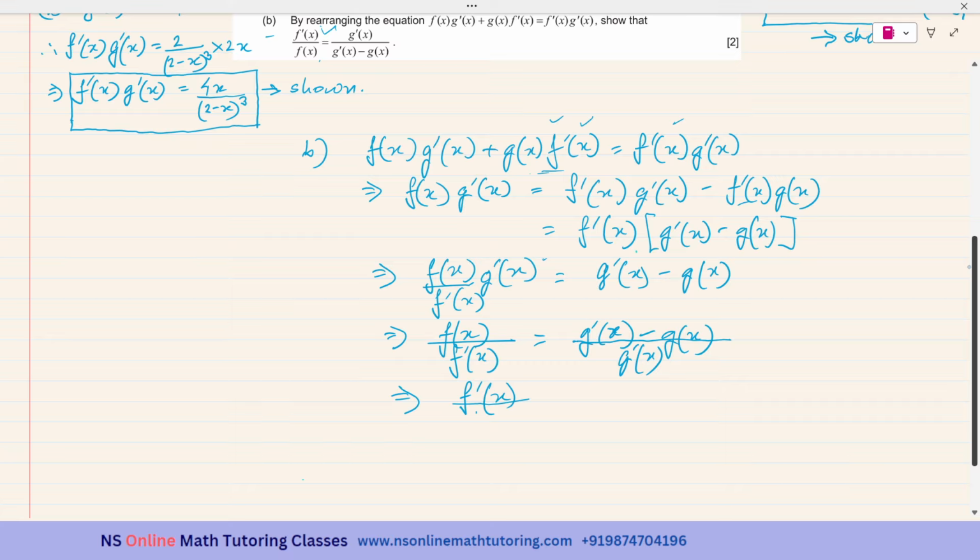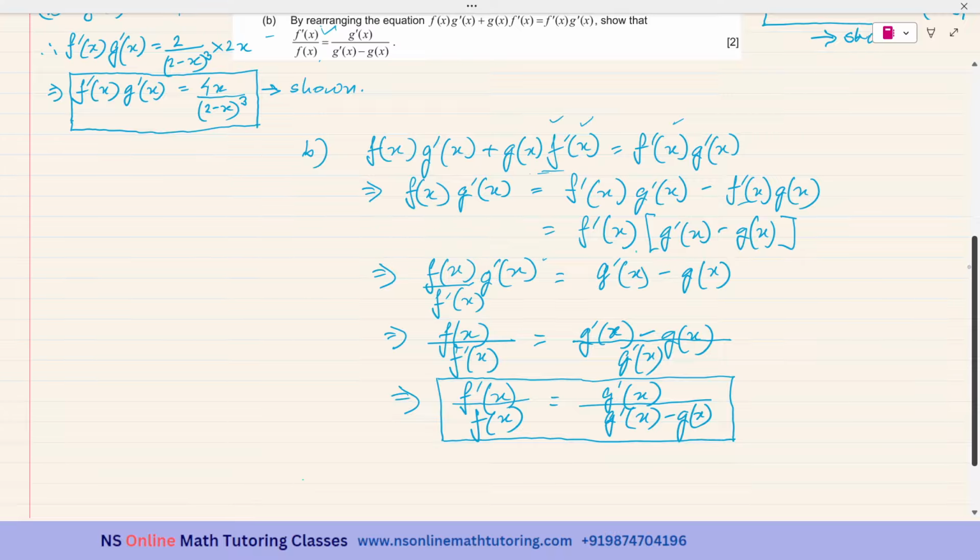I'm taking the reciprocal, in fact. So it is this. So this is equal to g dash x over g dash x minus g of x. Okay. So we have got so many marks so fast. So shown.